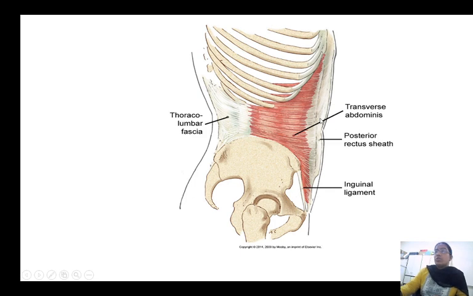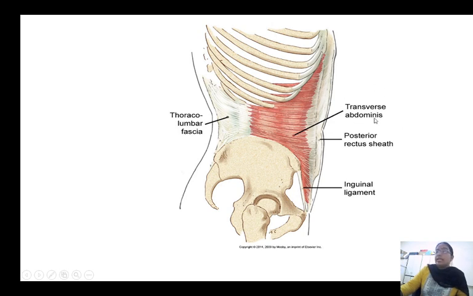So the important point here is that, unlike the internal oblique muscle, it is not forming the two, that is the floor and the roof. It is only forming the roof. Yes, transverse abdominis along with the internal oblique is forming a conjoint tendon.